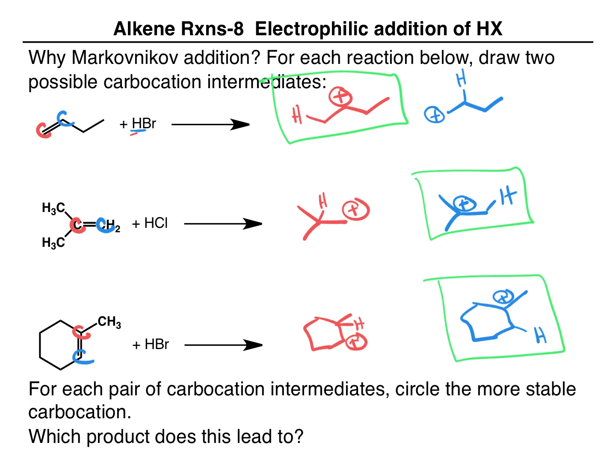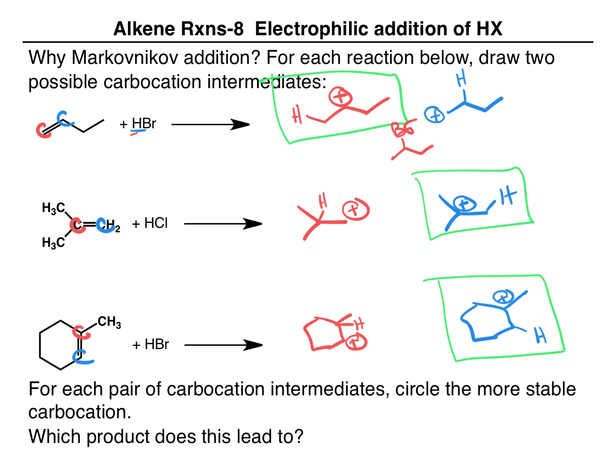Focusing on the more stable carbocation, remember the second step, according to the mechanism, is where X minus adds to the carbocation. So if bromine adds to the red carbocation, then we get this. That is the observed product.